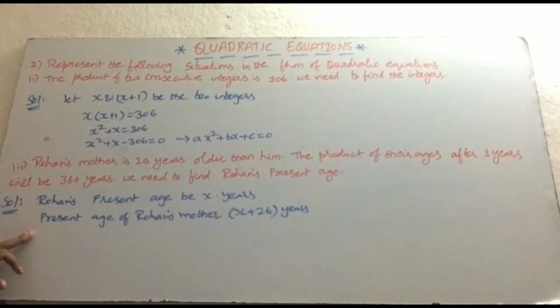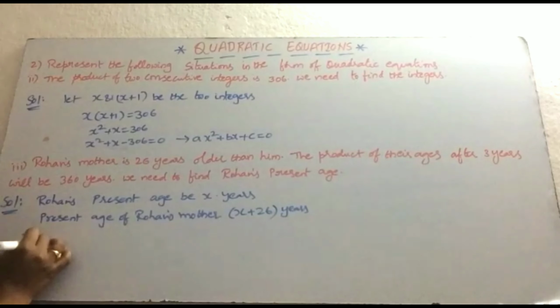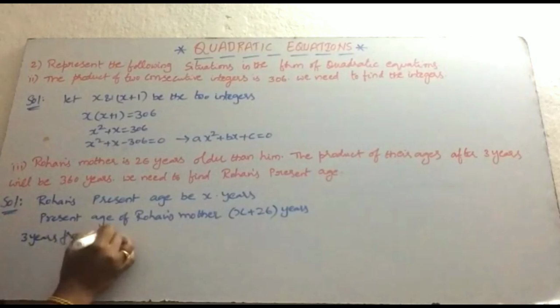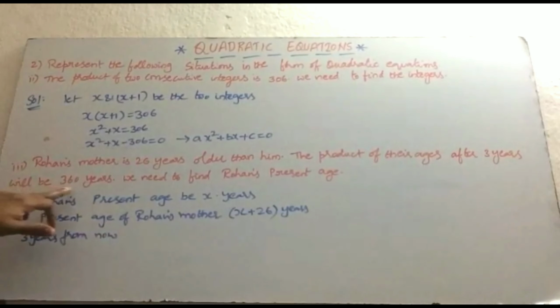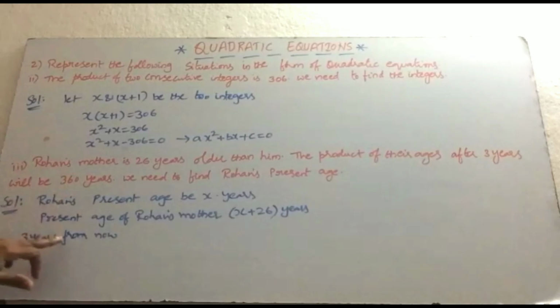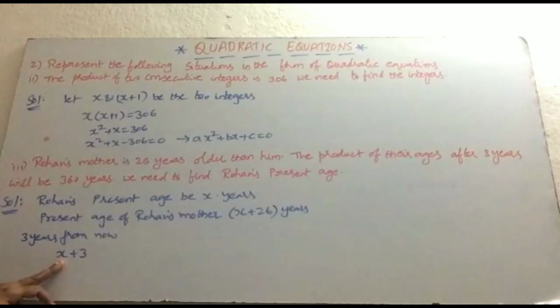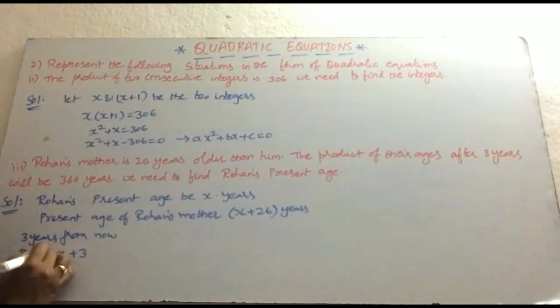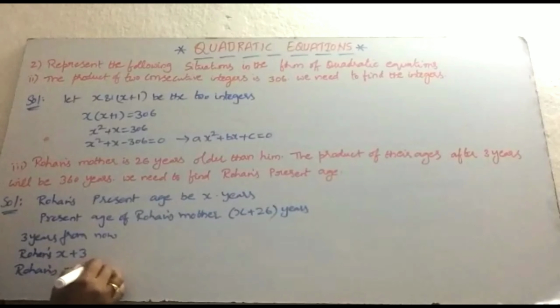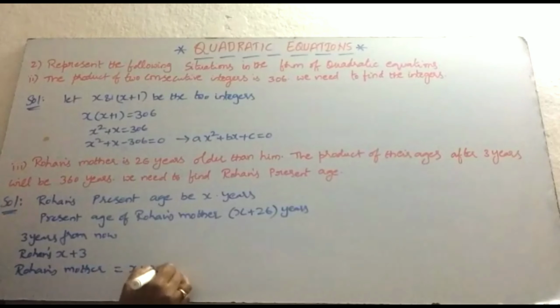Now, 3 years from now, the product of their ages will be 360. That means the age of Rohan will be x plus 3, and Rohan's mother's age will be x plus 26 plus 3 years.